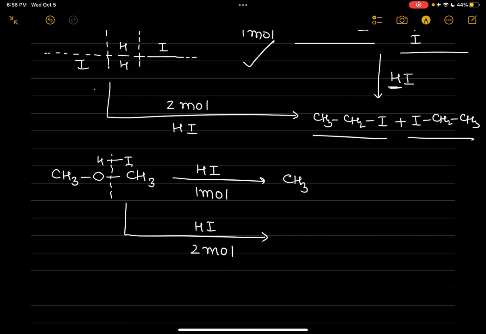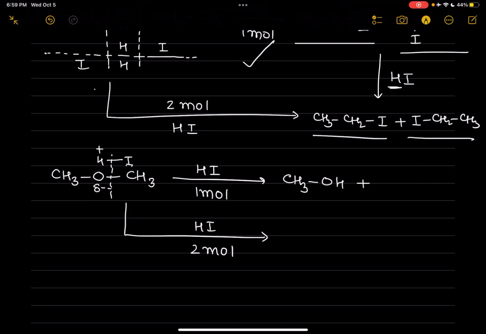Sir, how do we decide where the hydrogen goes and where the iodine goes? Actually, oxygen is negative because it is an electronegative atom, and carbon is positive, on the basis of electronegativity difference.